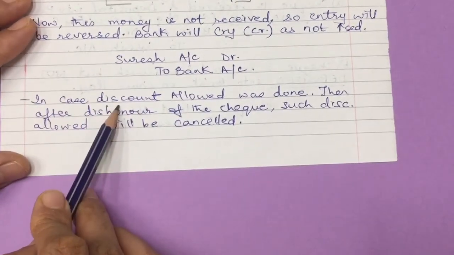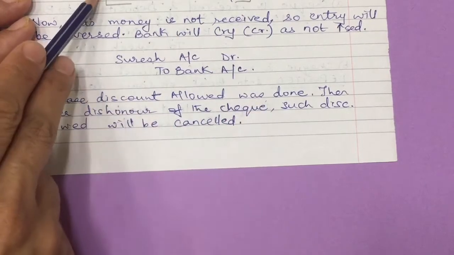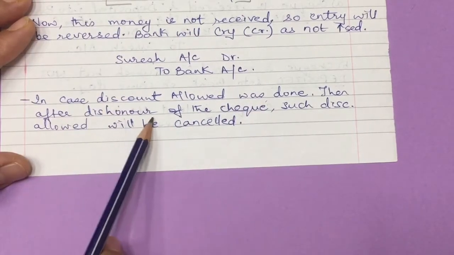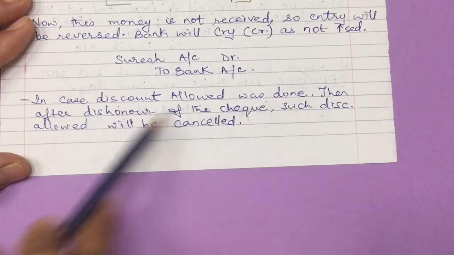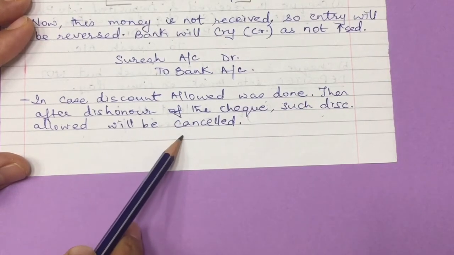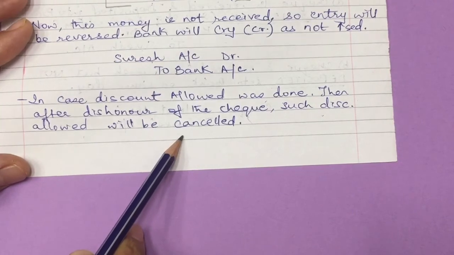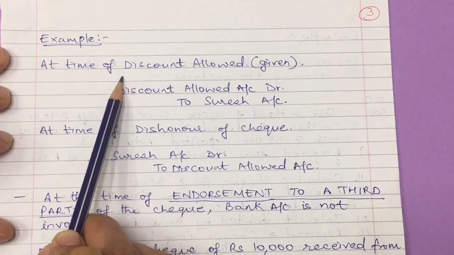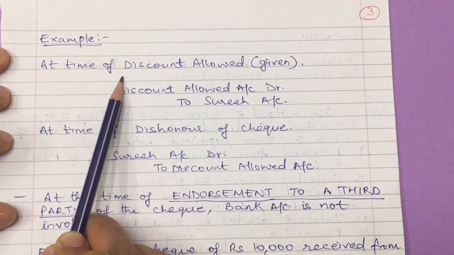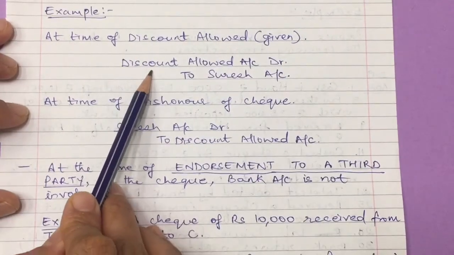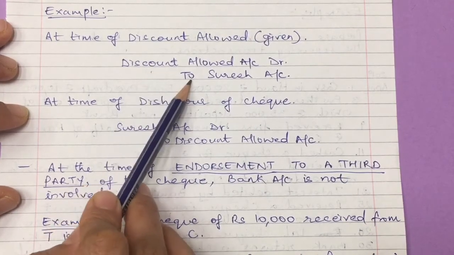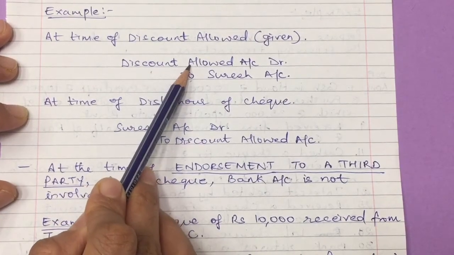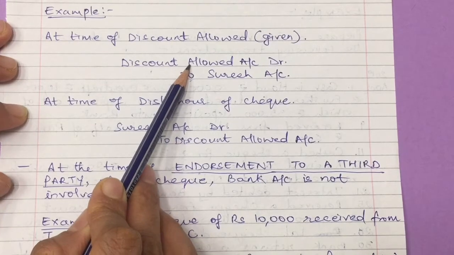In case discount allowed was done, then after dishonor of the check, such discount allowed will be cancelled. Why should we give a discount to a person who has not honored our payment? Suppose at the time of discount allowed, I have given discount to Suresh. I made an entry discount allowed account debit to Suresh. Why? Because discount allowed is my expense.